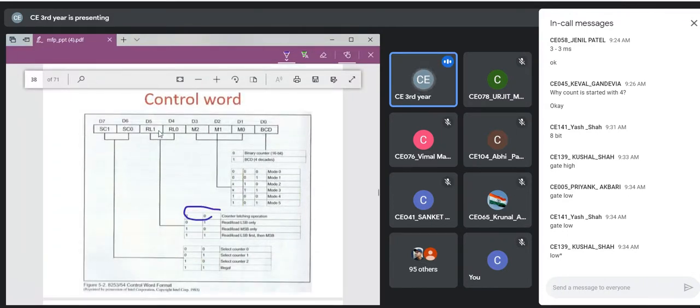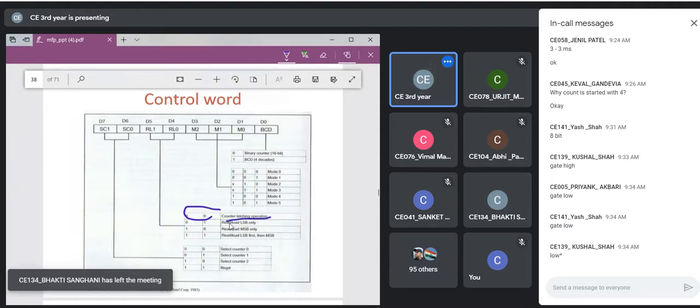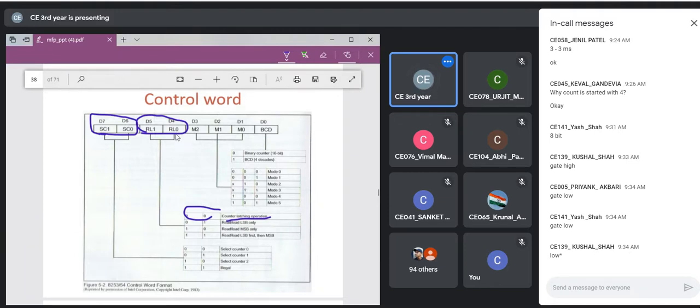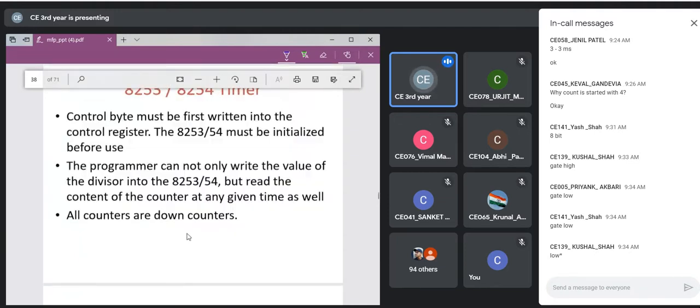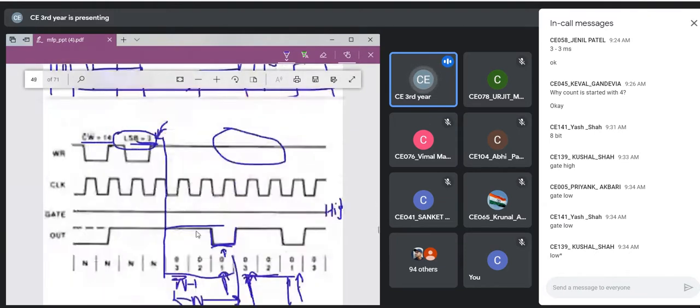This RL1 and RL0 was 00 for latching the operation. Right? So this we have never used. Whichever counter is specified by these 2 bits will be latched. The value of that will be stored in some internal temporary register. That is the meaning, right? And that value is the next option that you have. Let us see.